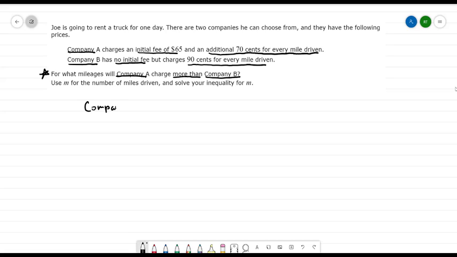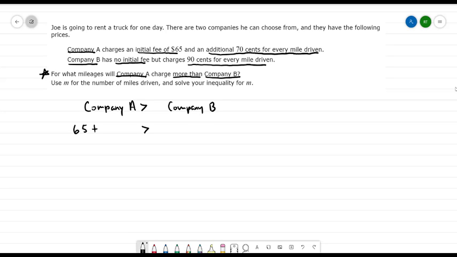Company A, when will that be more than? So when will the mileages for Company A be more than Company B? Oops, forgot to put the A. So let's translate. Company A is $65 and an additional 70 cents. So $65. And don't forget, this is in cents.